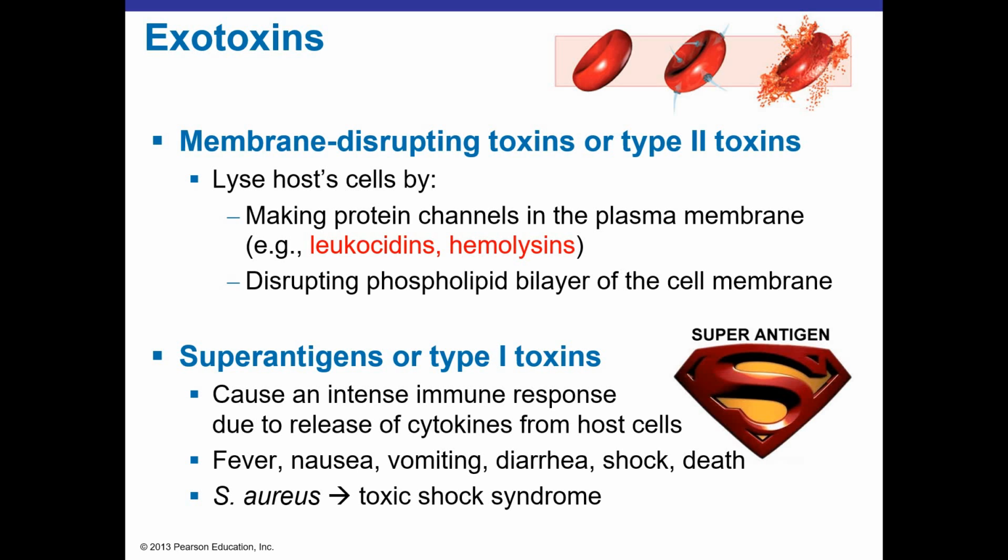But the real problem is that these inflammatory cytokines cause your vessels to become leaky, and you start to have a drop in blood pressure. People often go into shock and can die from this condition. One of the notable pathogens, Staph aureus, and its association with toxic shock syndrome is because of these superantigens.